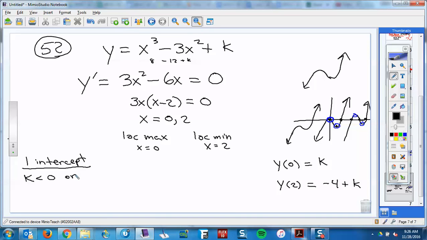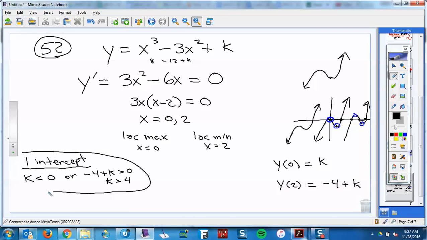But also, you're going to have one when the min is where? You're going to have one when this shifts up to where this minimum is greater than 0. Now, what's the minimum? So it's going to be when negative 4 plus K is greater than 0, which would be when K is greater than 4, right?